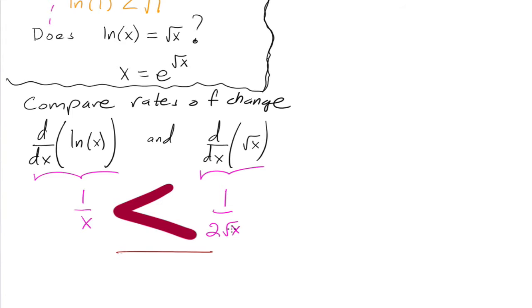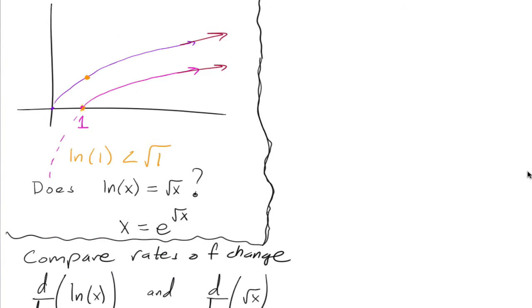Yeah, because at 9, if x is 9, the right hand side is 6. So for x greater than or equal to 4. But they still don't intersect before then, right?